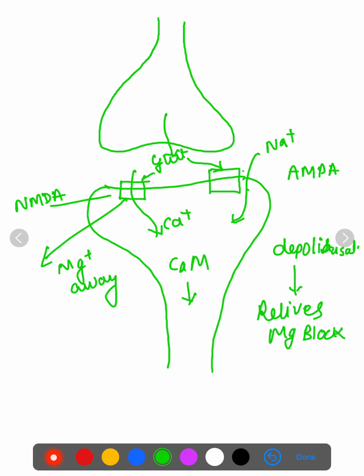Besides that, some neurotransmitter release further stimulates the presynaptic terminal.